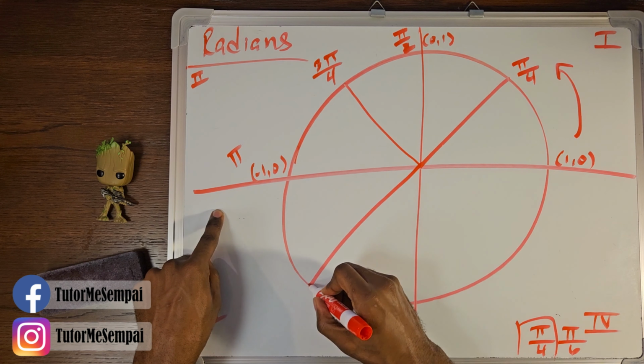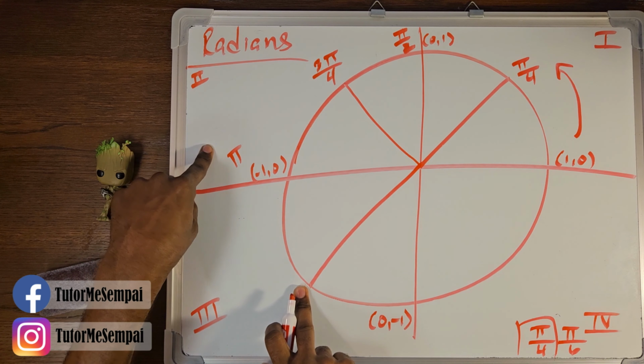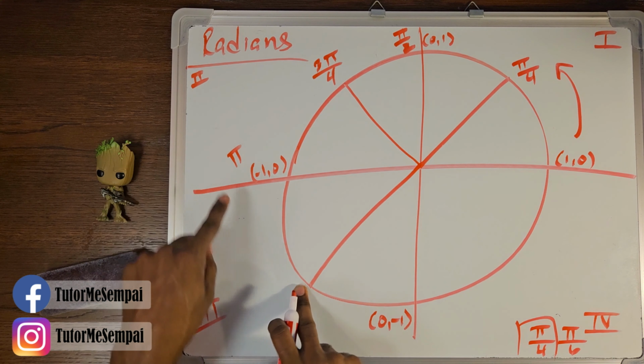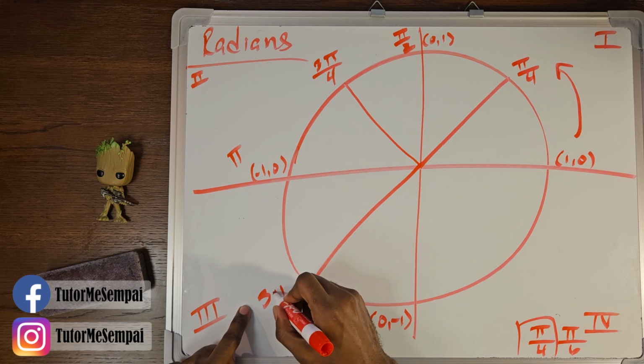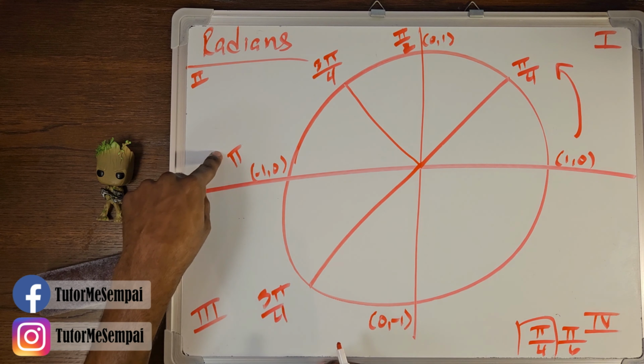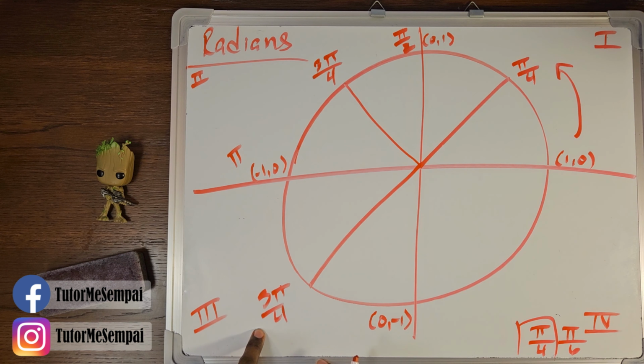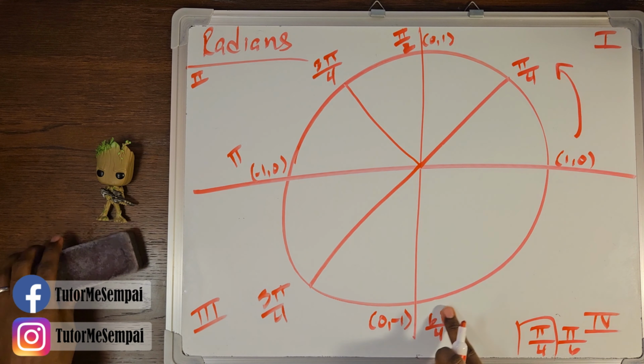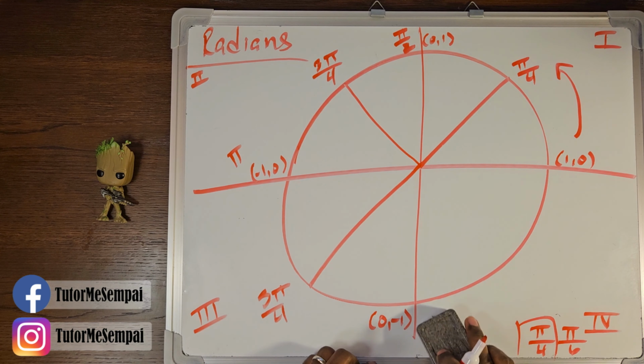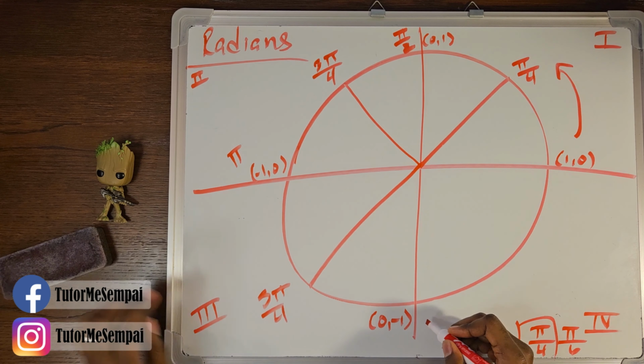And we're going to pretty much go another half from here, which was 4 pi over 4, to 5 pi over 4, right? 4 pi over 4, 5 pi over 4. Keep going. This is 6 pi over 4, right? 6 pi over 4, but that can be simplified. What can 6 pi over 4 be simplified to? Well, this is going to be 3 pi over 2 when you simplify it.